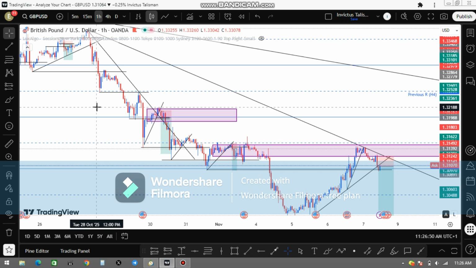So you enter on the close of the candle that broke the market structure, once the candle shows strength. I will show you in the demonstration here. Enter on the close of the candle that shows strength. Then your stop loss should be below or above the previous high or low, the safe zone, because it avoids noise.